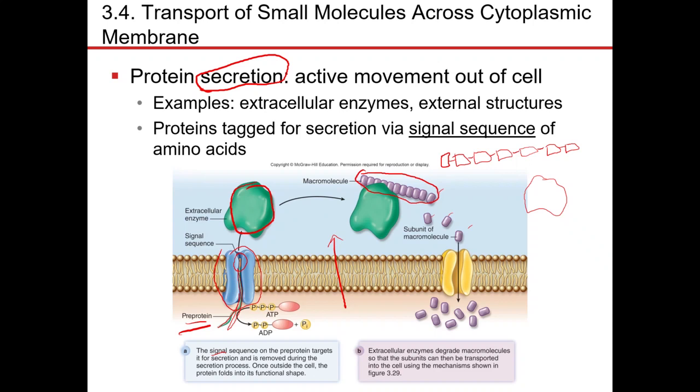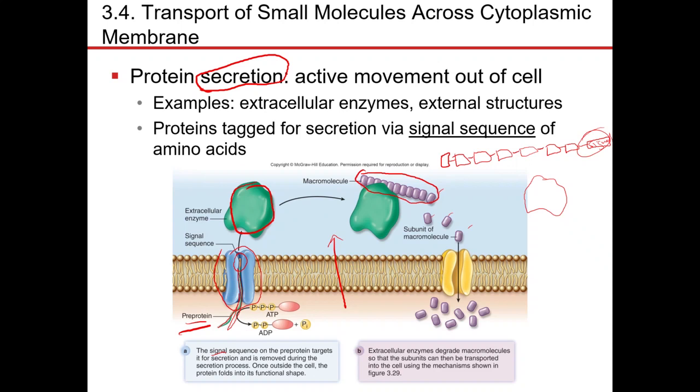For proteins that are supposed to be sent out of the cell, at the end of the protein sequence you have an additional sequence called the signal sequence. This signal sequence is the indicator to say that this protein must be sent out of the cell before it can be folded.